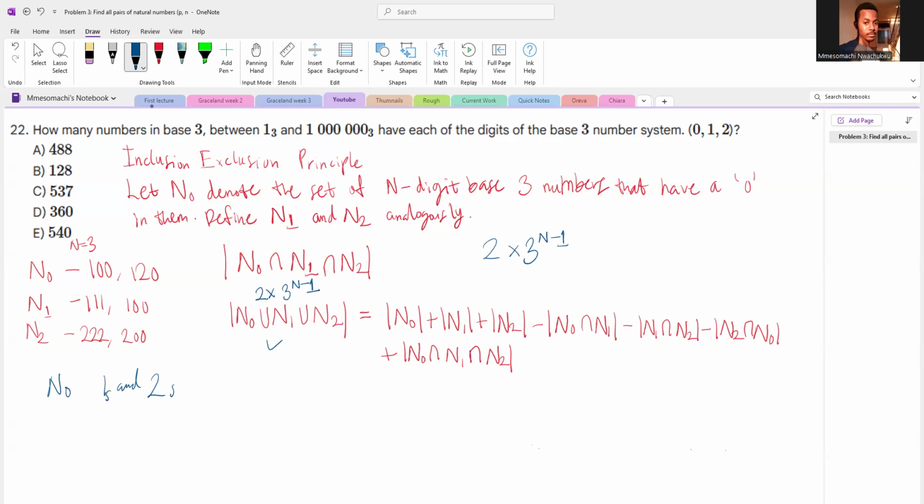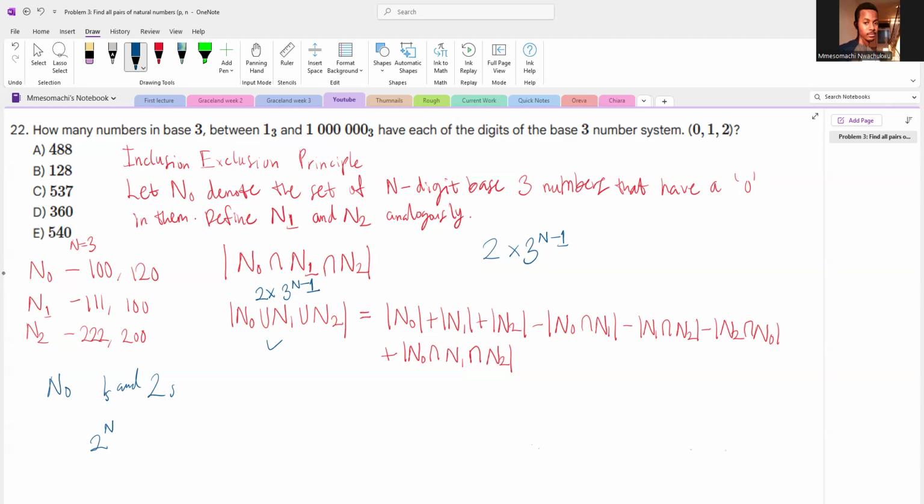This can be done in 2 to the power of n ways, since each space has 2 choices. But we want at least one of them to contain a zero. So only the numbers that have only ones and twos are not in this N0 set, which means we have to subtract from the total.